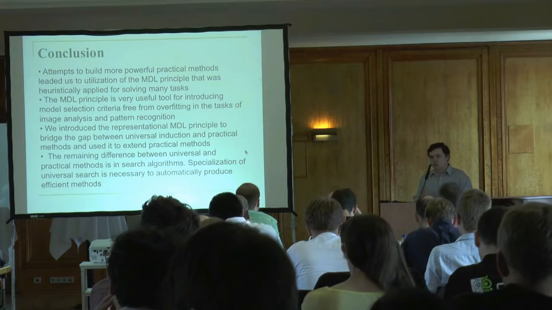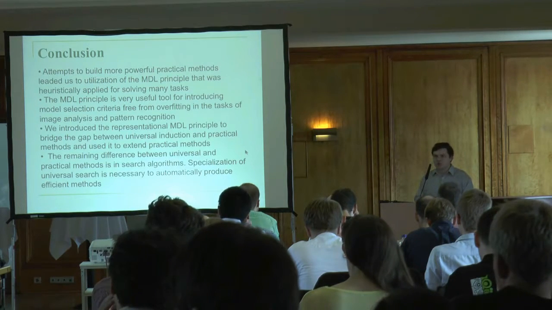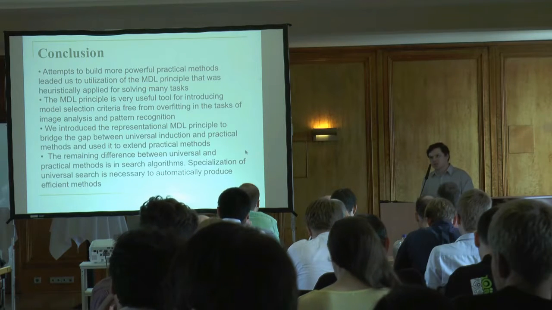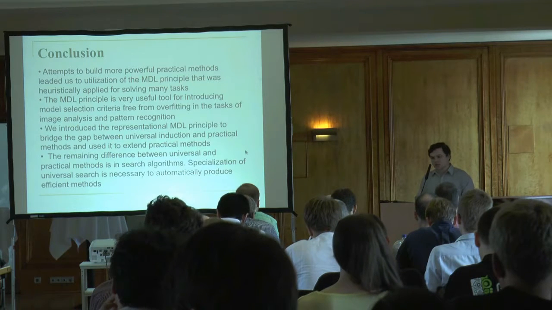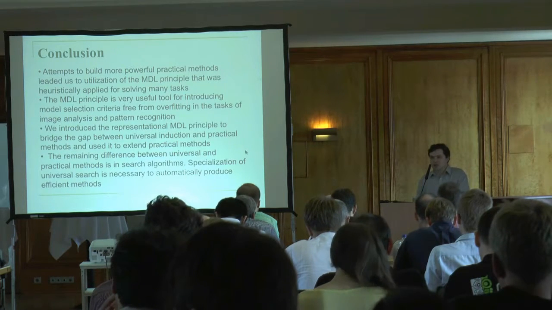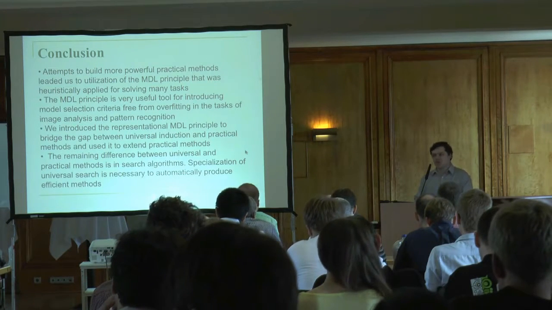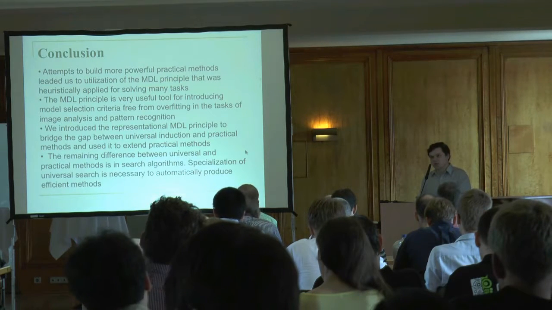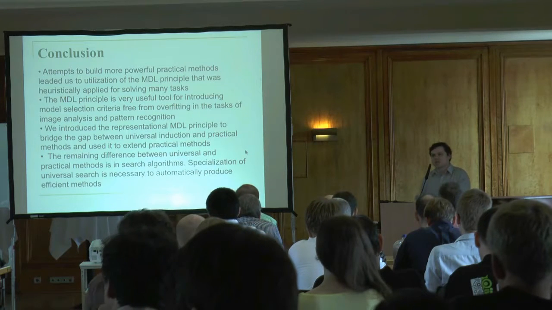And we were thinking about how to generalize the minimum description length principle and the representational minimum description length principle in a similar way to take computational complexity into account, because indeed we should find a trade-off between the computational complexity of finding a good representation and the information theoretic quality of the representation.